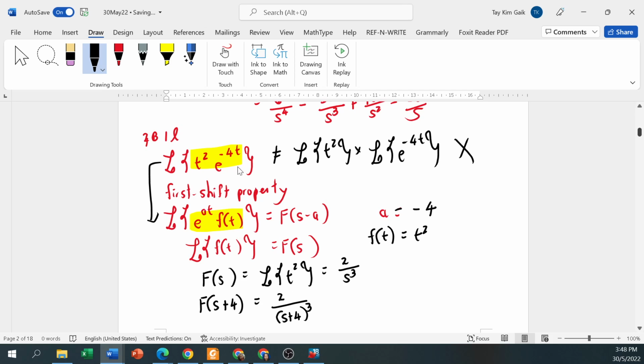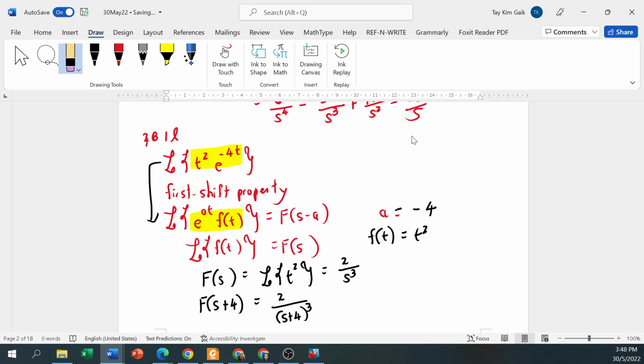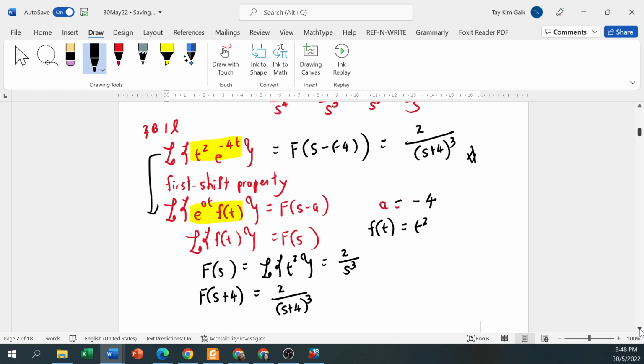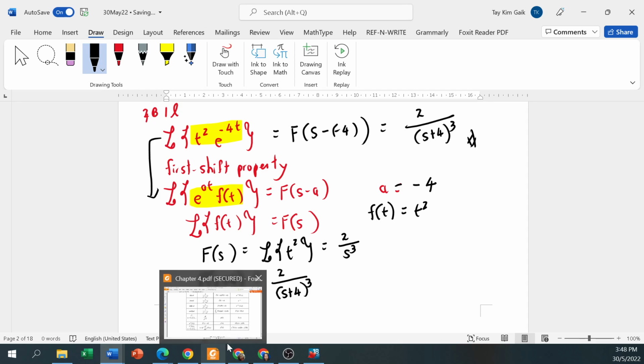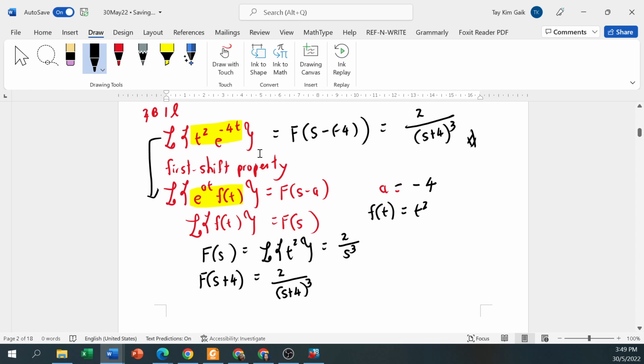So the answer for the Laplace transform for this one, the result is F(s minus negative 4), which is 2 over (s plus 4) cubed. So this is the so-called first shift property. Okay, let's see. So any questions here? This one is for the first shift property.